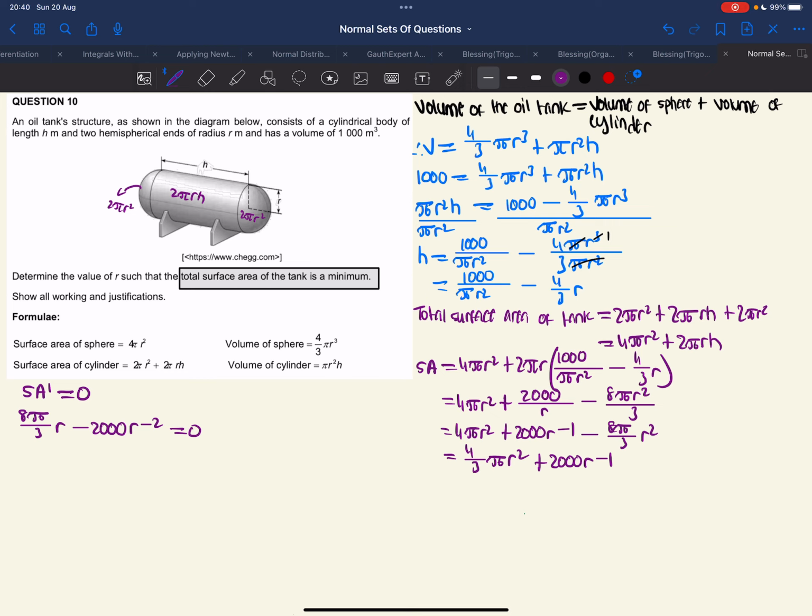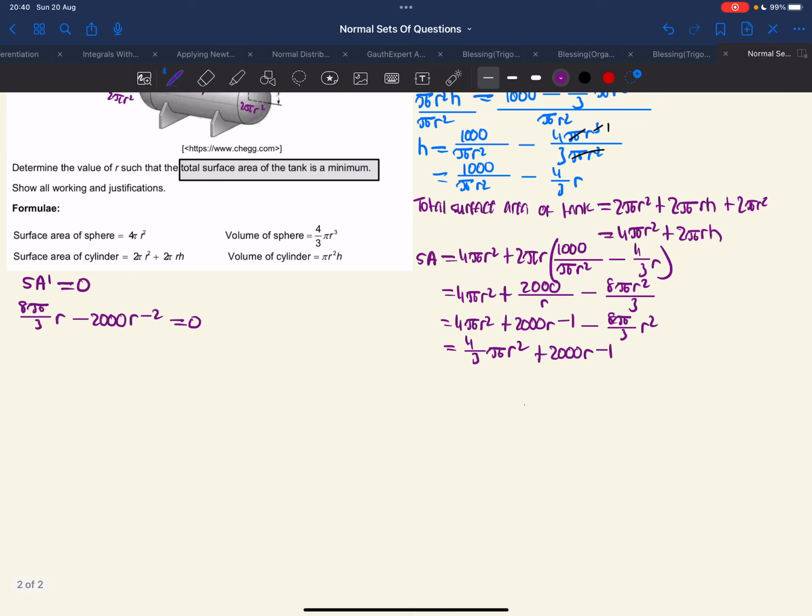All right, then what we're now going to do is try to simplify everything. Let's change everything into positive exponents. So we're going to get 8 pi over 3r minus 2000 over r squared equals 0.